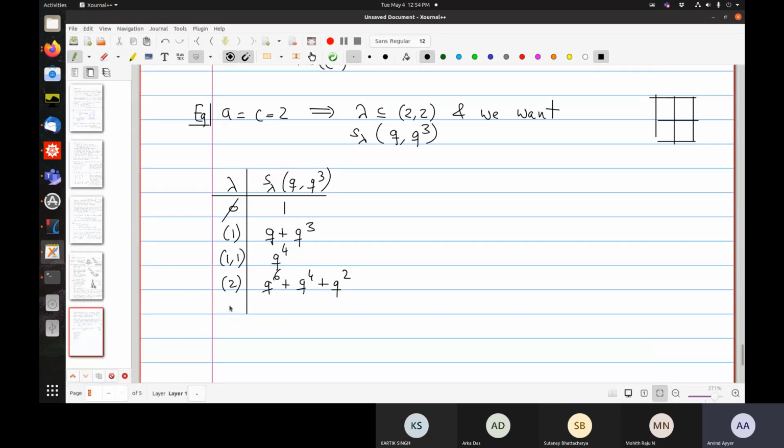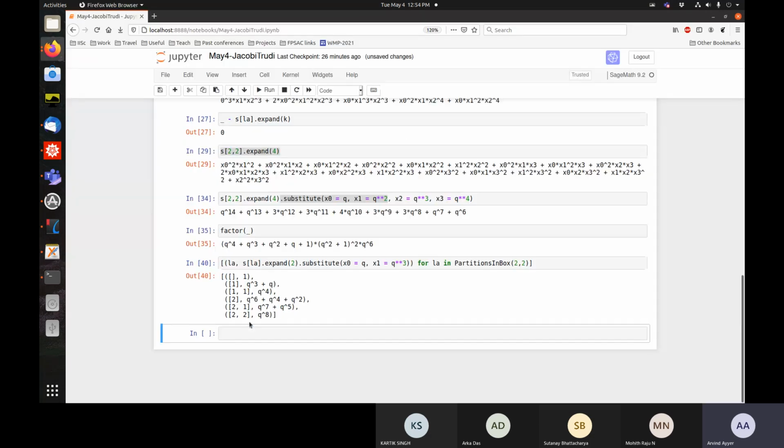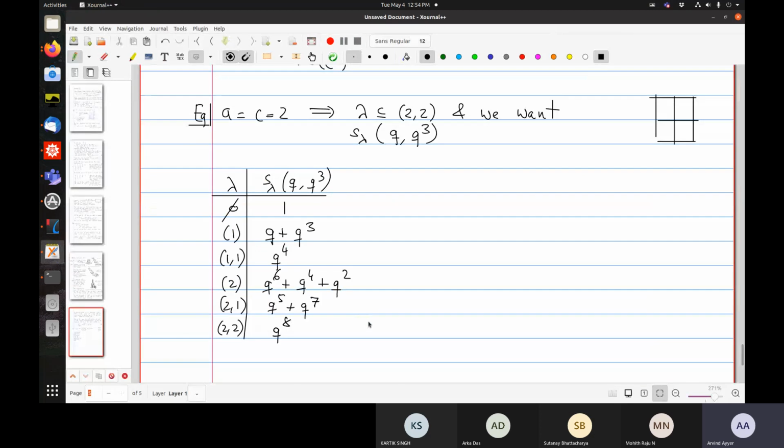That's that. For the partition 2, 1, I get Q to the 5 plus Q to the 7. And now you can see the symmetry. And for 2, 2, I will only get Q to the 8. Okay, and now let us see the corresponding co-SPPs.